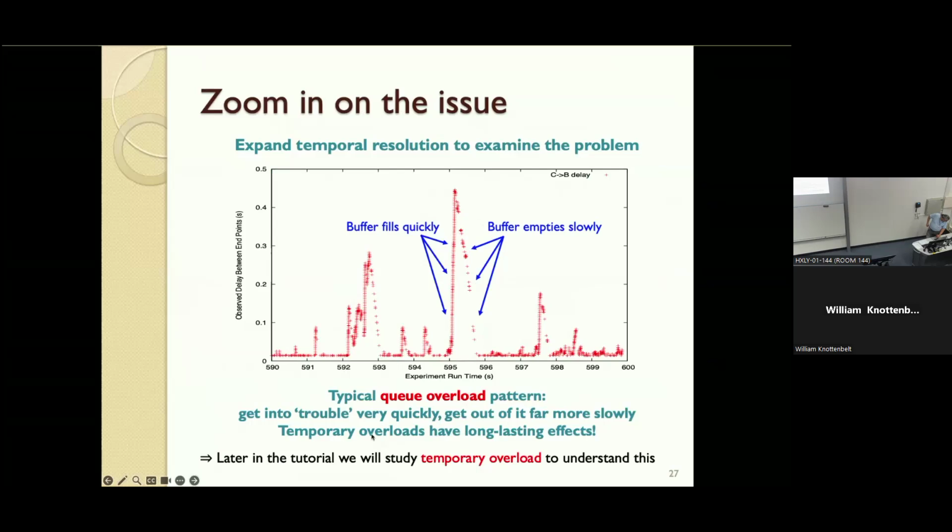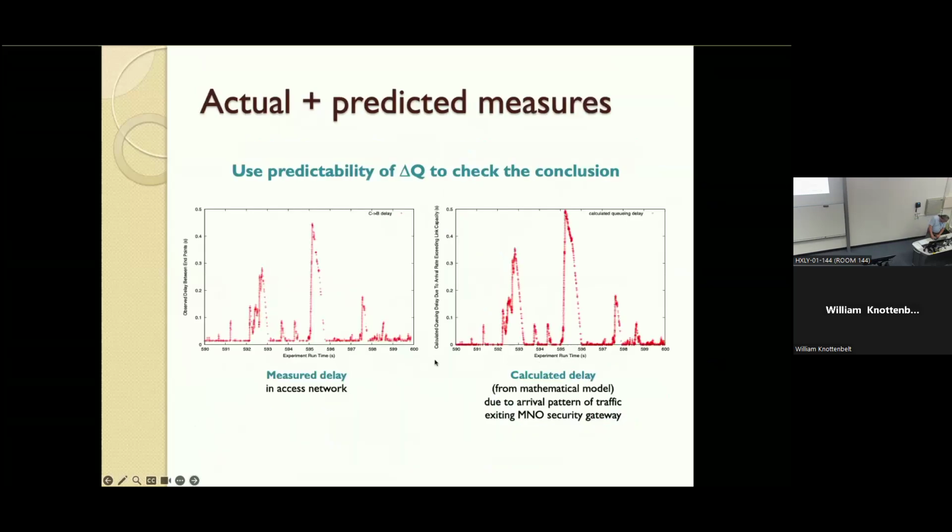The point is that temporary overload, which is what happens here, has a long-lasting effect, okay? This is what gave the performance problem. Later on in the tutorial, we'll talk about temporary overload to understand this in more detail. But for now, we can see that the buffer is filling quickly and emptying slowly. This is typical component behavior that you can zoom in on using ΔQSD.